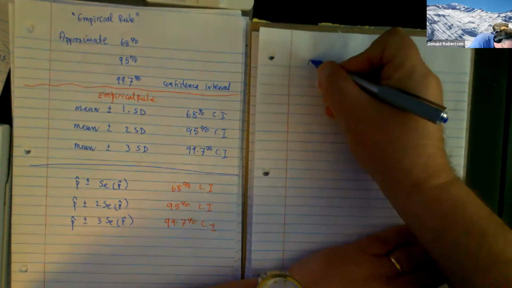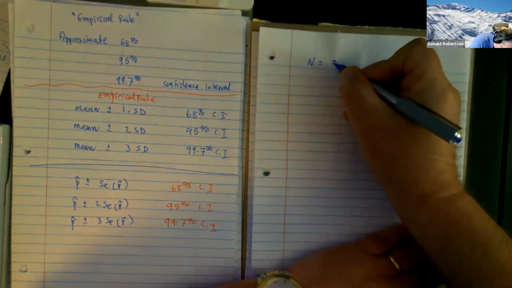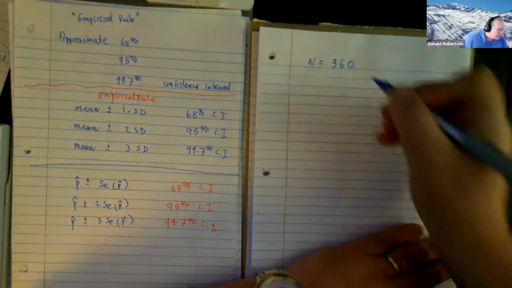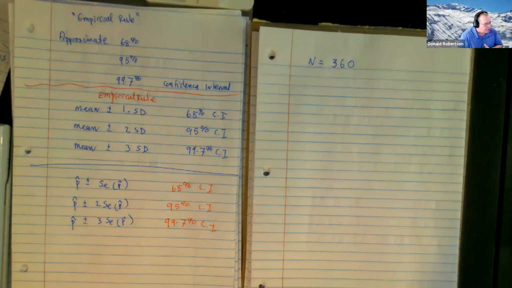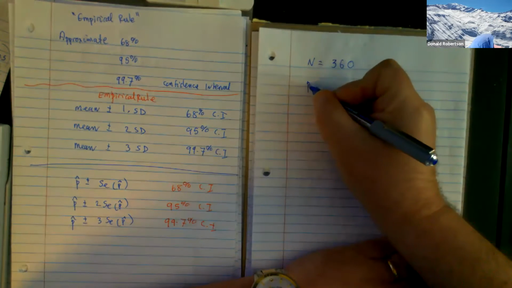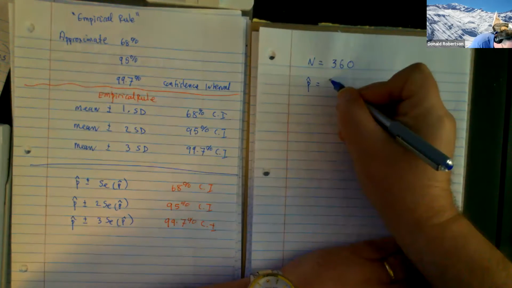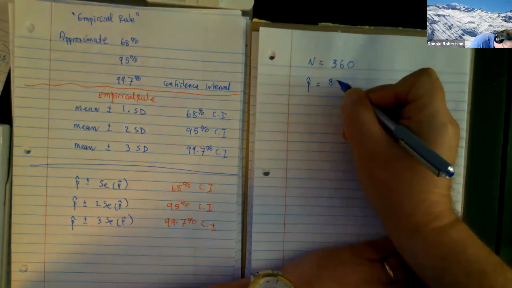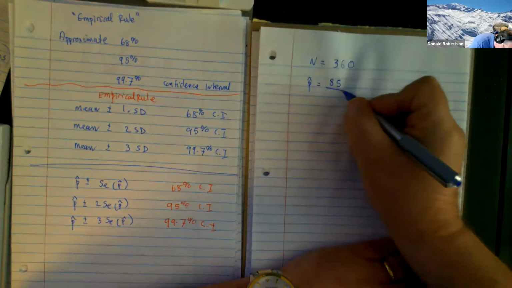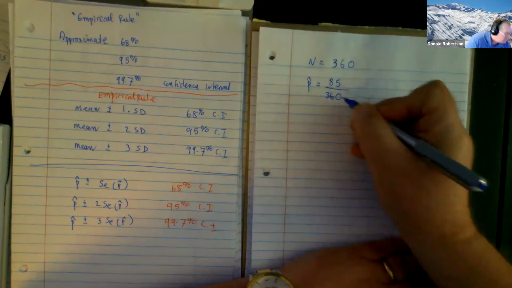So I get some money. I get enough money to get a random sample of 360 people. And we asked them, do you want to be taller? And 85 of them said, yes, I would like to be taller than I am.